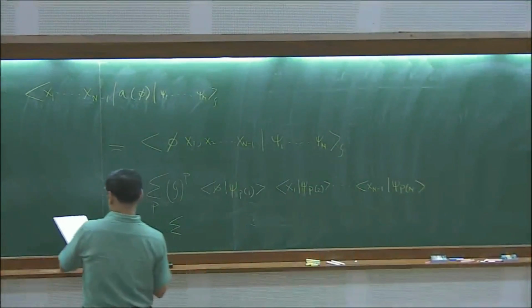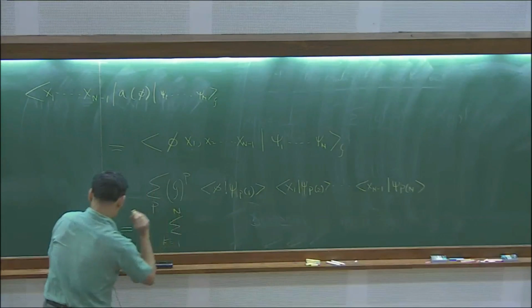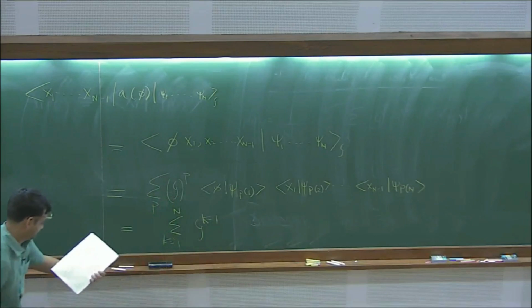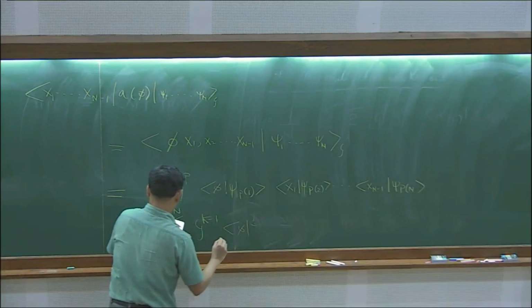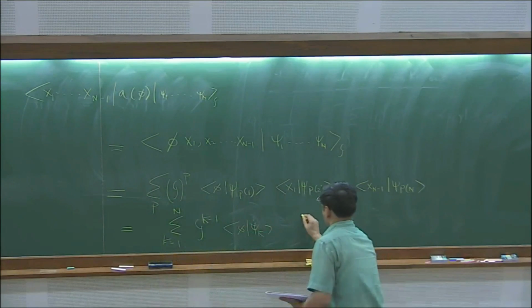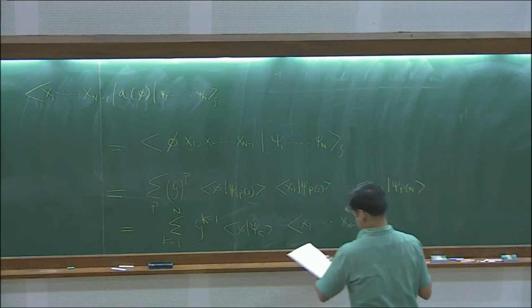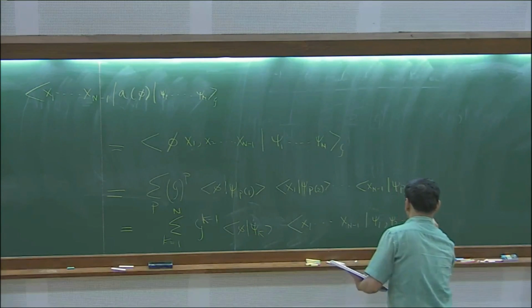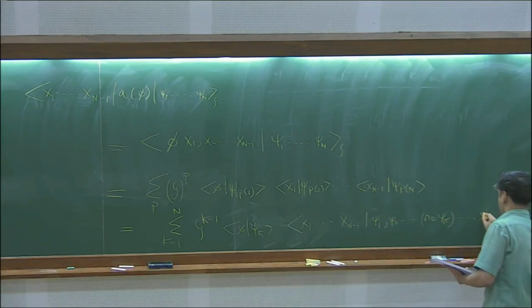Then this I can write as the sum over k equal to 1 to n, zeta to the k minus 1, phi psi k, and no psi k, that one label is now missing.